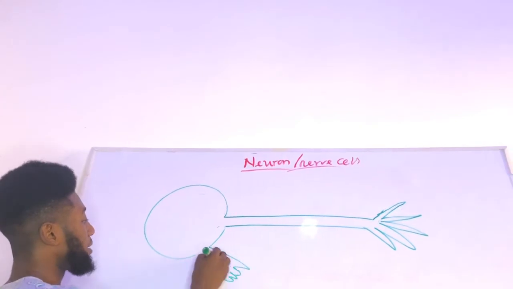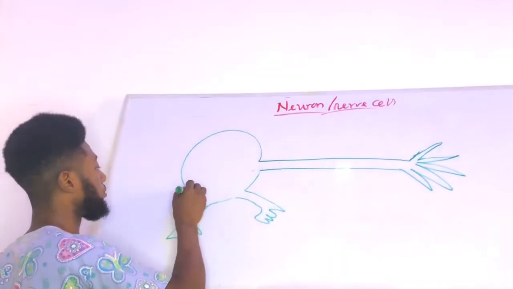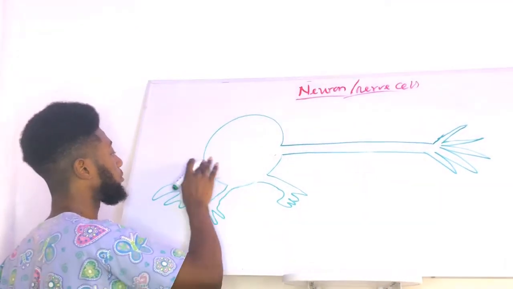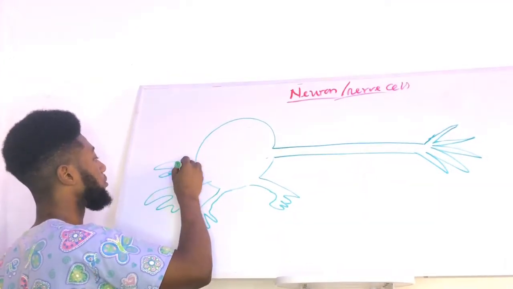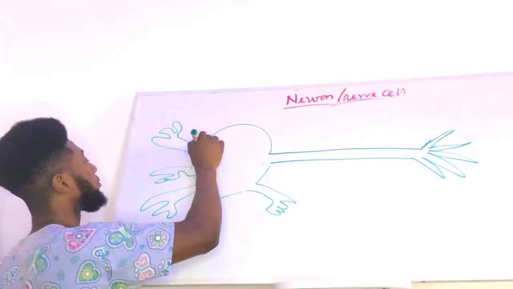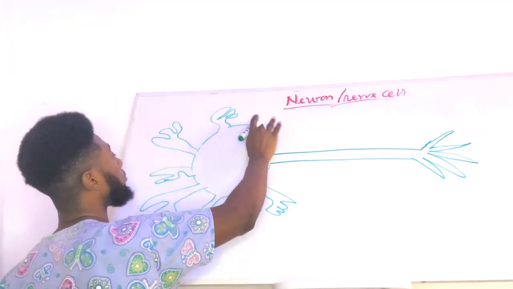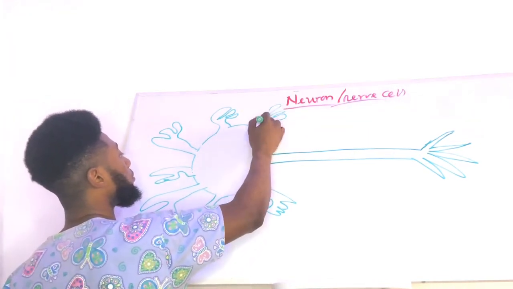So these are the dendrites, not drawn to scale.